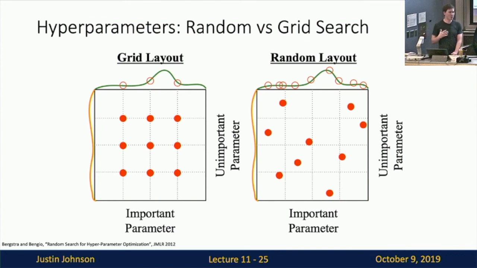So that means that maybe we don't have enough information to properly tune the right setting of that important hyperparameter. Now in contrast, if you're going to use random search on the right, then every trial that we run is going to have random hyperparameters for both the vertical and the horizontal hyperparameter.